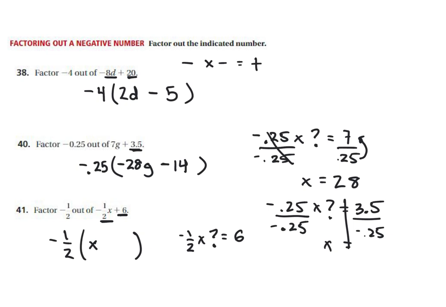So we want to get this question mark by itself, so we could multiply by the reciprocal. Negative 2 and 2 cancels out. 1 and negative 1, those cancel out. So then on this side, 6 times 2 is 12. And we know a negative times a positive is a negative. So we get negative 12 there.